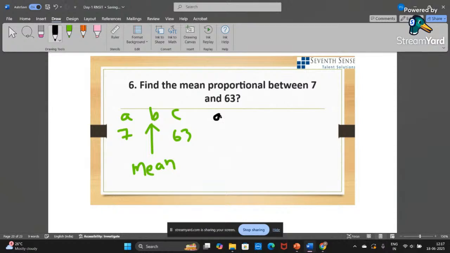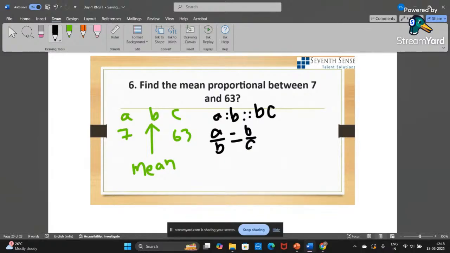Like before, A is to B is to C can be written as A is to B proportional or equal to B is to C. This can be written as A by B equals B by C. Right?